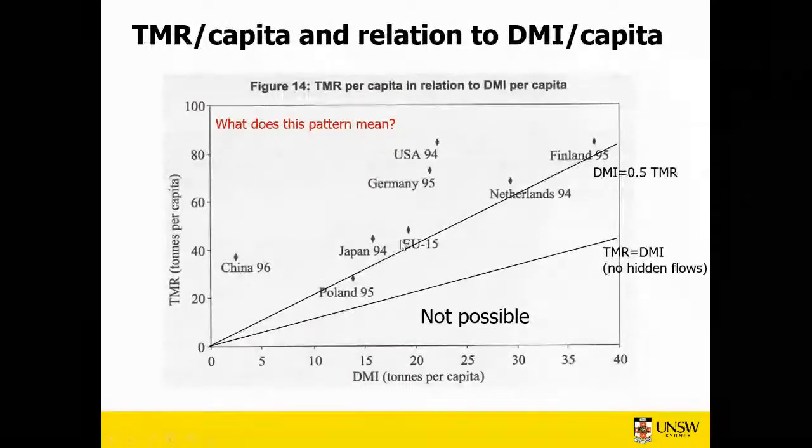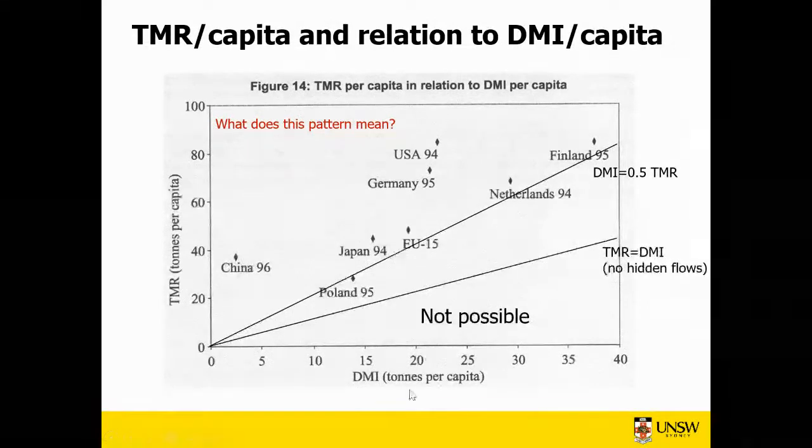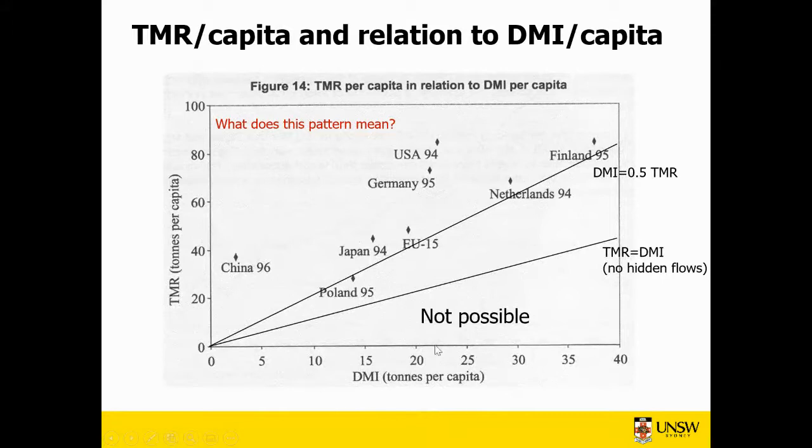And this is just more of those things. Here is just to show the relationship between the total material requirement and the direct material input. What we see here is that in most countries, at least at that time in history, as we saw for Australia too, the direct material input is less than or equal to half of the total material requirement.